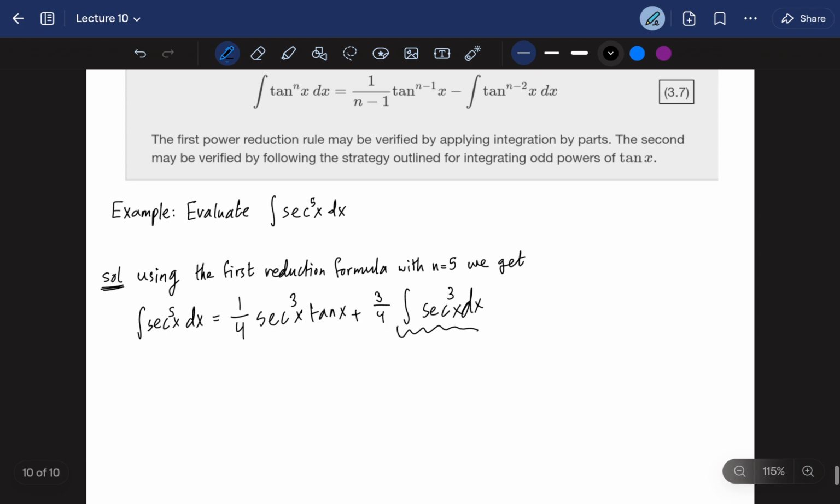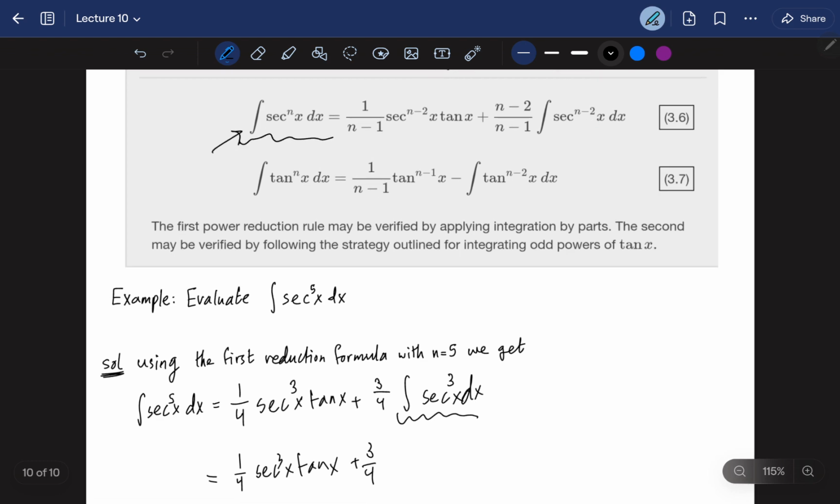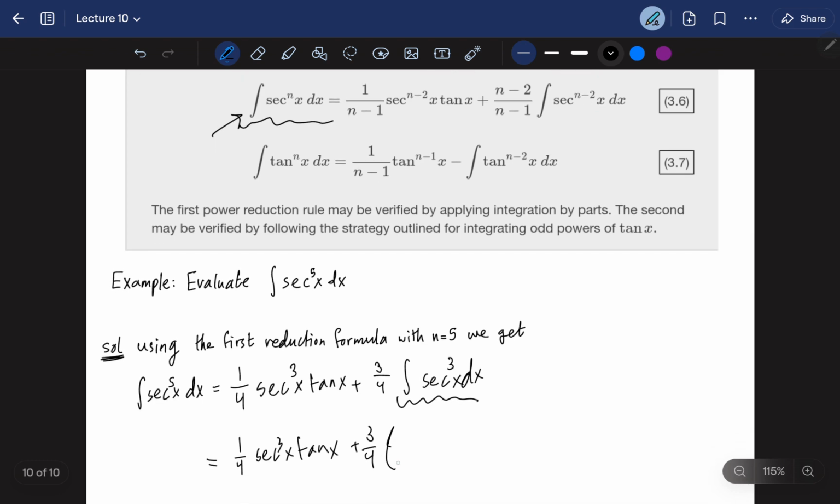Now, we evaluated this using strategy 4, and it took a long time, right? But now if I apply the formula again, because I don't know how to find the integral of secant cubed directly, but it's of this form, so I can apply the reduction formula. So this is 1 over 2 secant tan plus 1 over 2 the integral of secant x dx.